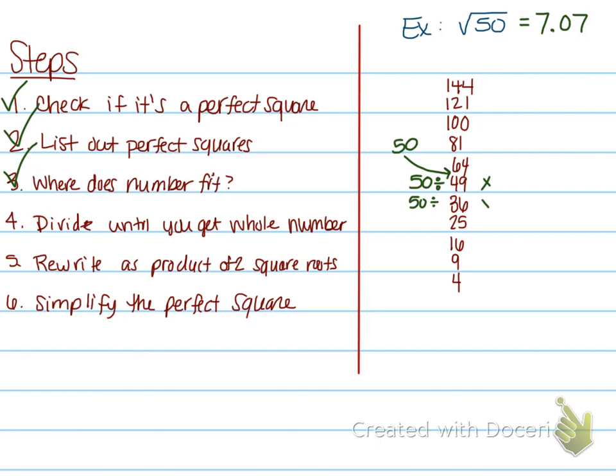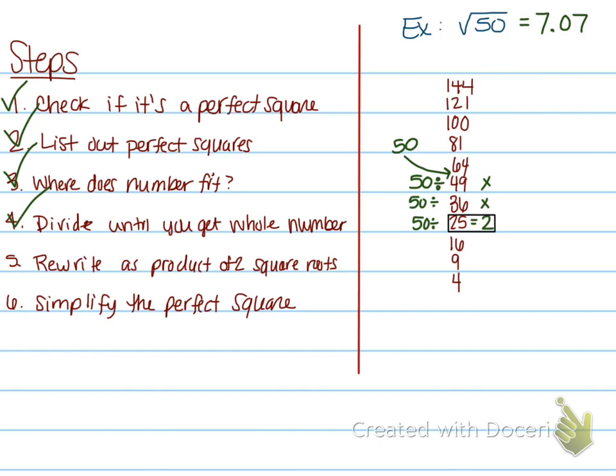I get another decimal. Keep moving. I'm going to do 50 divided by 25. I see that this equals 2. So I have divided down my list until I got a whole number.